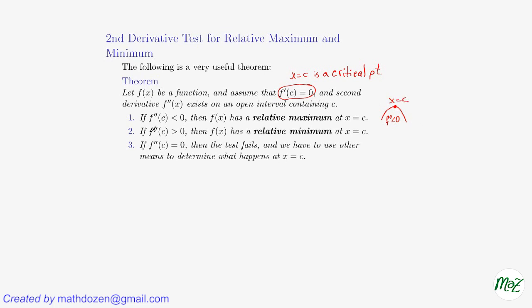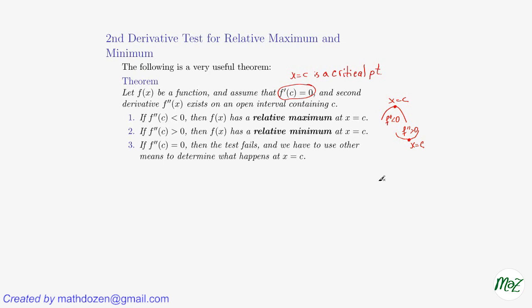Likewise, if we know that the second derivative is positive, the graph will look like this. And we are at a critical point, then it is a relative minimum. So here is x equals C, where the first derivative is 0, and that's exactly a relative minimum.